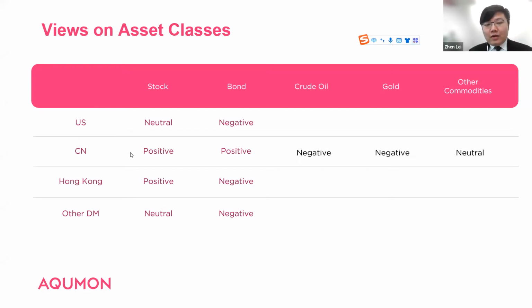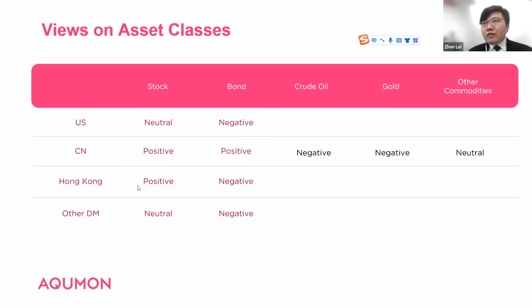For China, we hold a positive view for its stock market as the discount rate went down and the liquidity goes up for the Chinese stock market. Also, we hold the same positive view for the Hong Kong stock market, although Hong Kong shares the same kind of valuation system and discount rates as the United States.